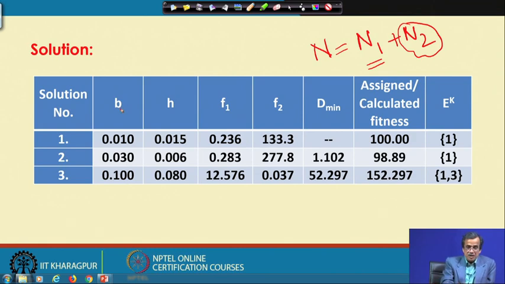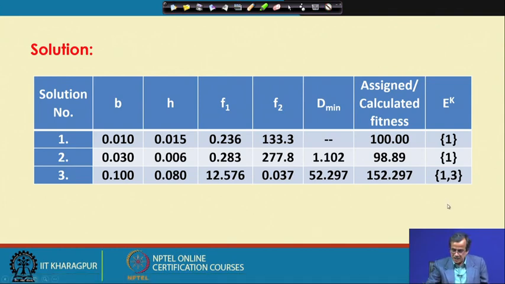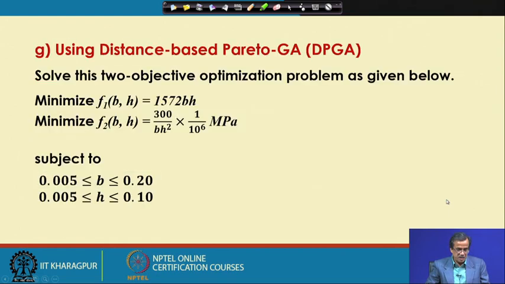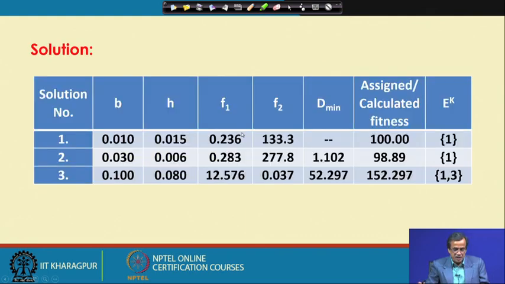Now, we know the range for this b and h, and the first solution is selected at random, supposing that b is equal to 0.010 and h is 0.015. If I substitute this b and h in the expressions for this f 1 and f 2, I will get the numerical values for this f 1 and f 2.